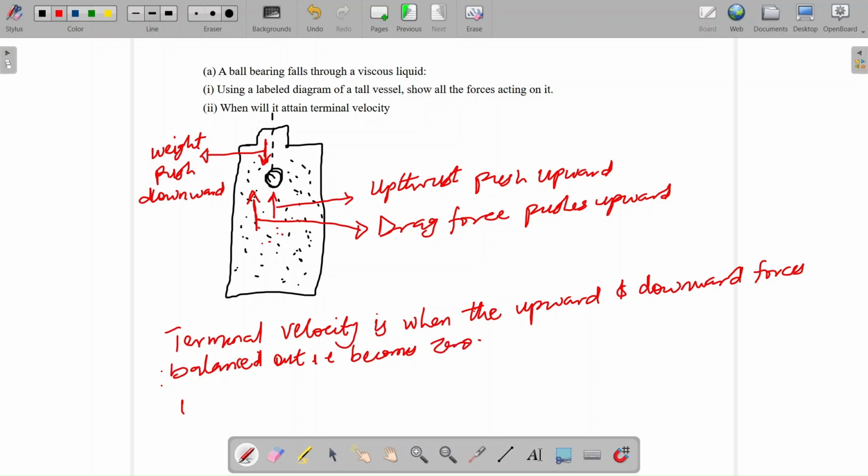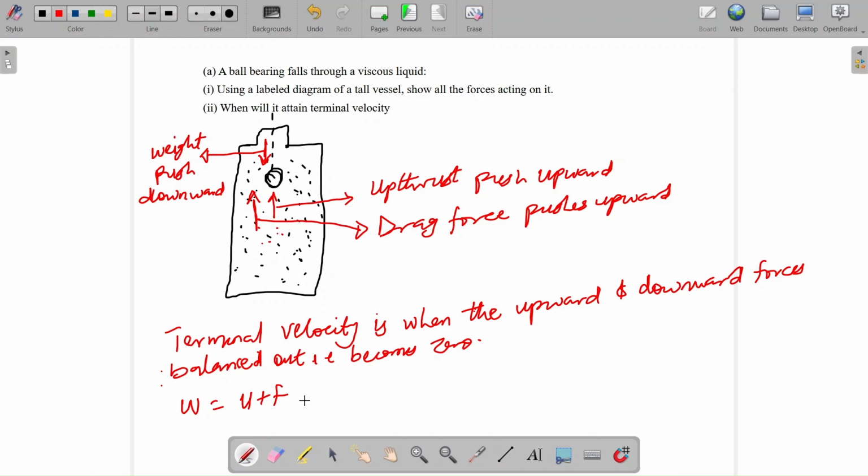So what it means is when your weight W equals upthrust U plus your drag force, dF. So that is when terminal velocity occurs.